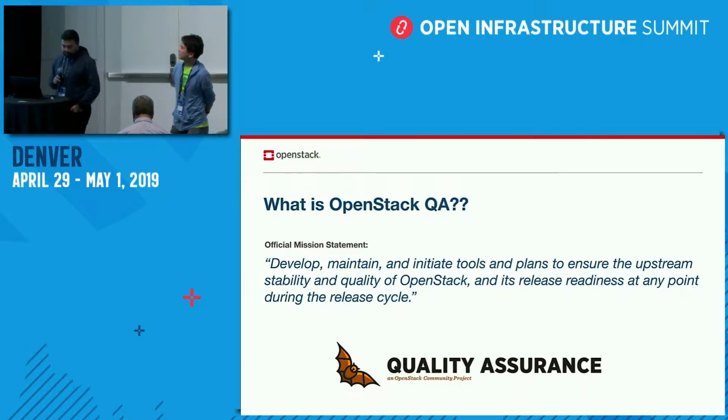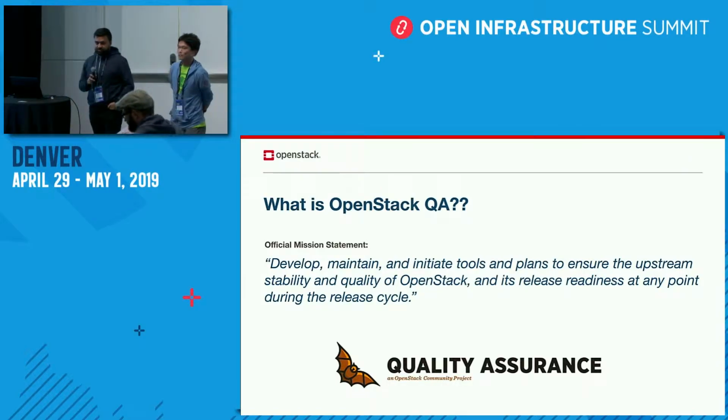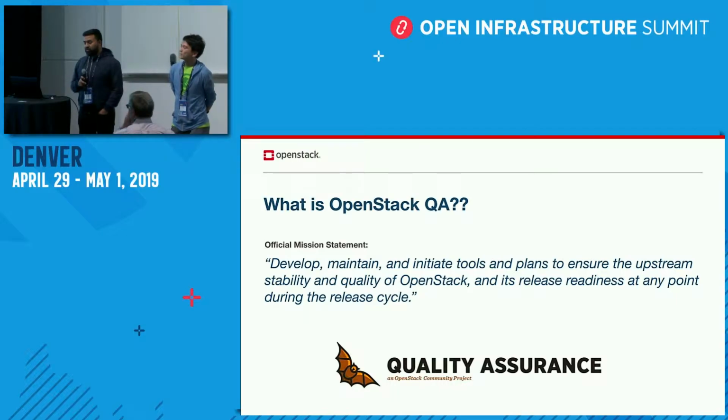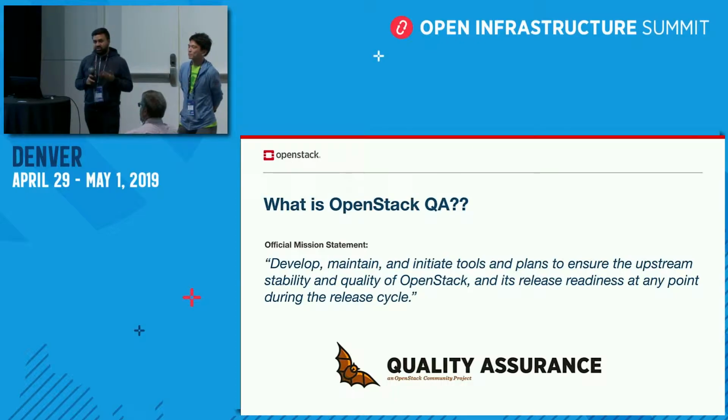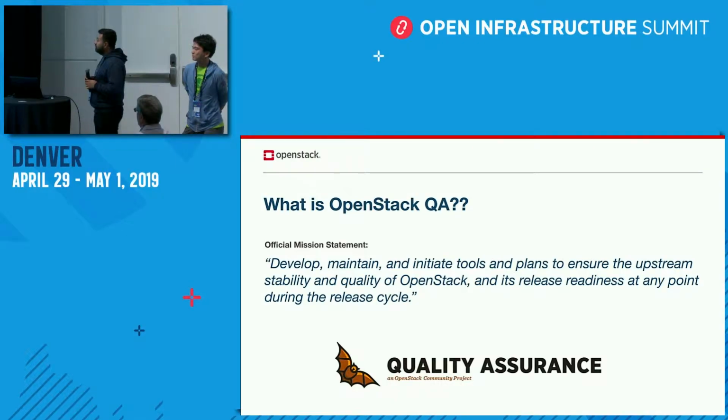So as an official mission statement, OpenStack QA develops, maintains, and initiates tools and plans to ensure upstream stability. So the code merging on a daily basis is tested with a good amount of tests with the QA tooling.